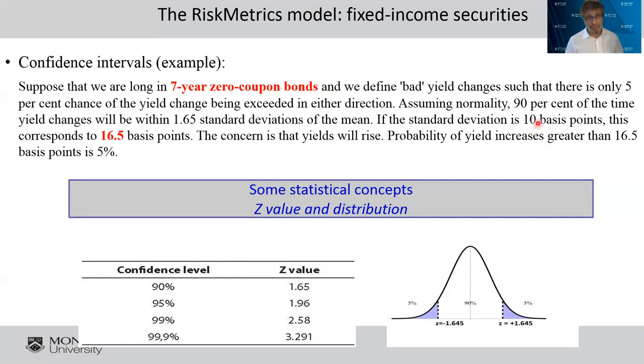Now I can transfer this to percentages, which means how much the yield can change with this confidence at 90%. Just as an example, you have 90%: 1.65, 1.96, 2.58, and we are talking about two tails.